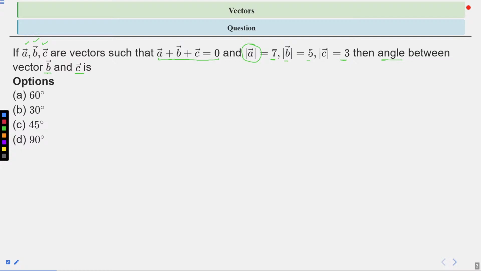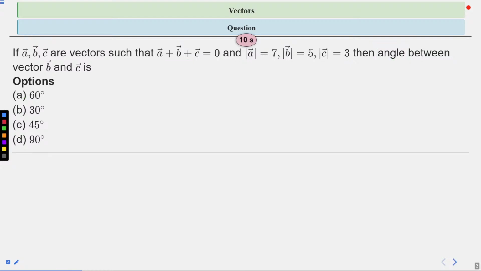In this question you have to find the angle between B vector and C vector. Given options: option A 60 degree, option B 30 degree, option C 45 degree and option D 90 degree. Which one is the angle between B vector and C vector?